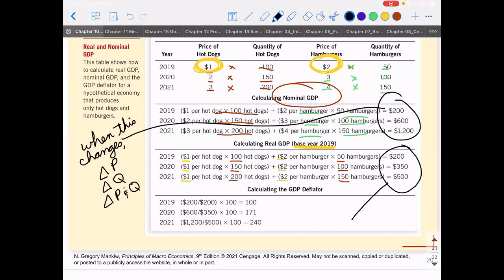But when this is changing, the only thing that changes is quantity. The significance of that is that if you looked at nominal numbers, this was an increase by a factor of 6. Did the economy actually become 6 times larger? No. It actually was about 2.5 times larger. And the final thing we can do is calculate the GDP deflator.